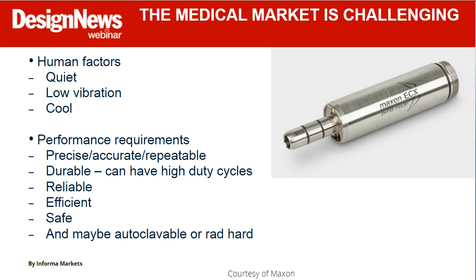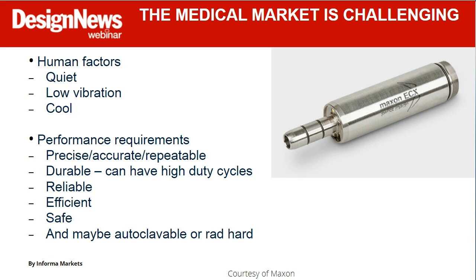Some of the equipment is low duty cycle, but some of it can be really high, like an automatic file for a podiatrist or one of their assistants who's using it for hours a day. But above all, medical has got to be reliable to a degree that makes military and aerospace put to shame. If you've got somebody on a ventilator, you cannot have that equipment fail, because lives hang in the balance.